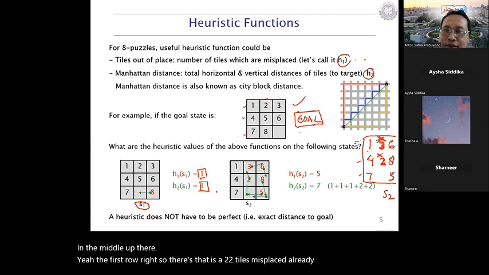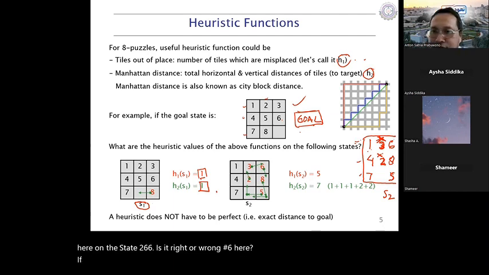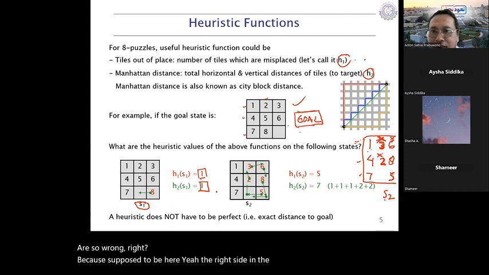And then we find the 6 here in state 2. If we refer to the goal, is it out of place or the right place? Also wrong, because it is supposed to be on the right side, in the middle, the third column, second row.